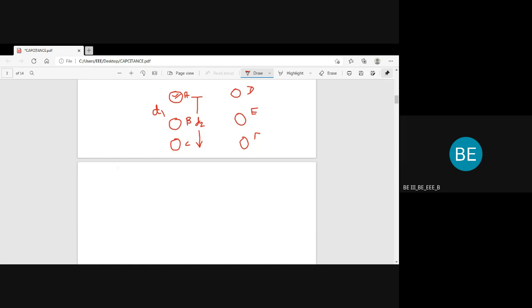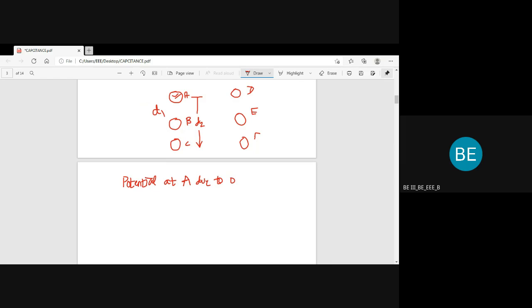First, I am considering the potential of conductor A due to its own charge, that is due to QA.